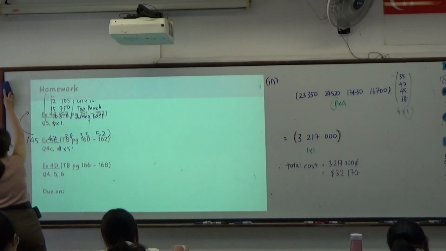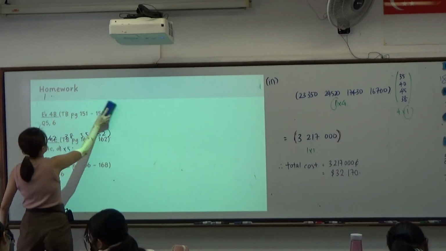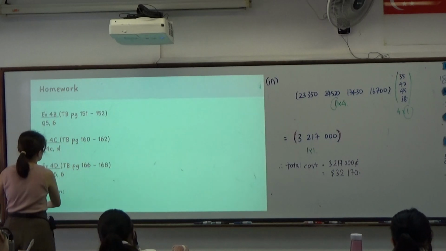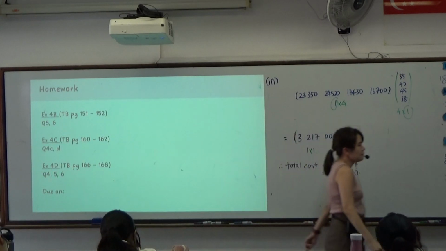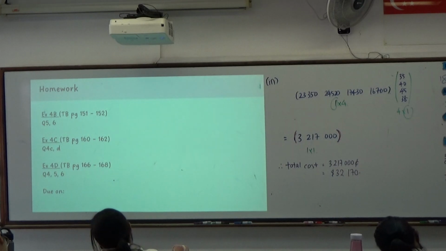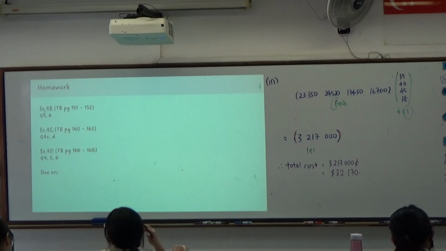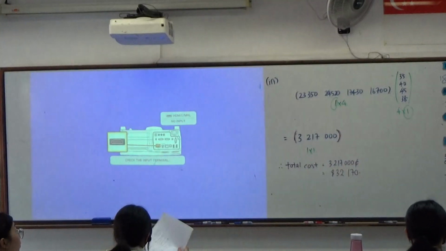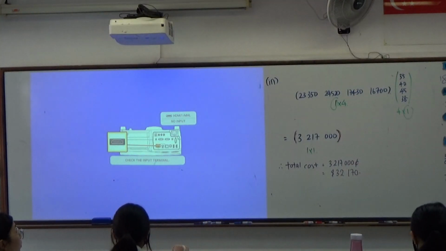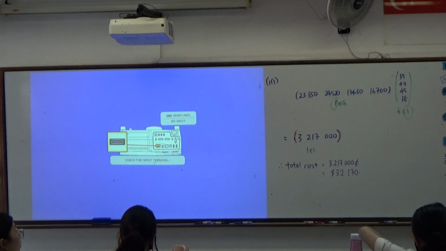I want us to do exercise 4B, question 5 and 6, 4C, and exercise 4D, question 4, 5, 6. Please complete this on a single foolscap paper or continuous one. Don't need to do it separately.